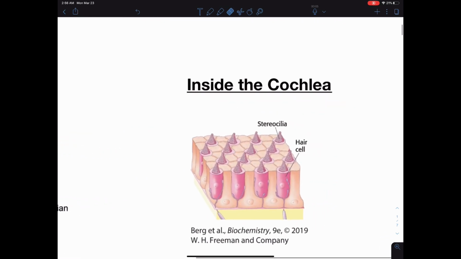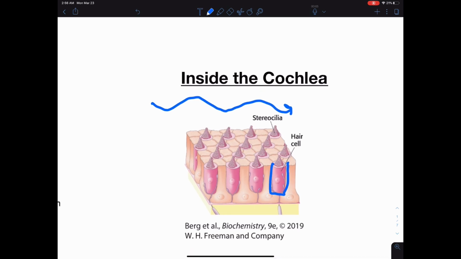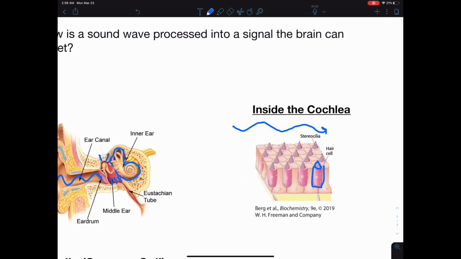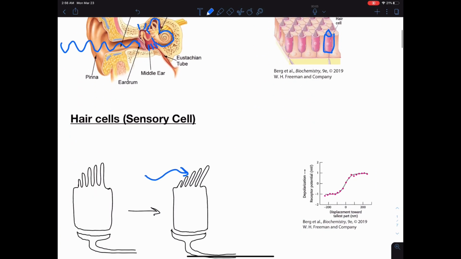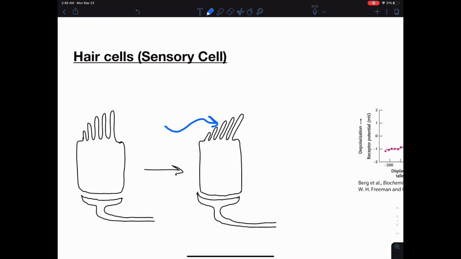So taking a closer look at the important cells inside the cochlea, these right here are the hair cells, and the fluid runs over the top and makes contact with these structures called the stereocilia. So we're going to take a closer look at that here. Like I said, the hair cells are the sensory cell in the system.